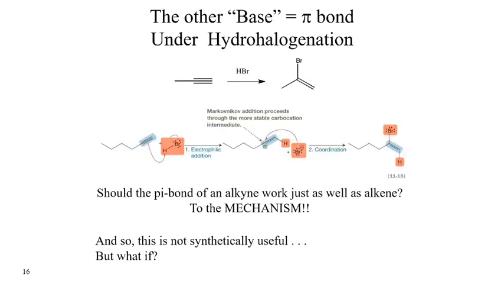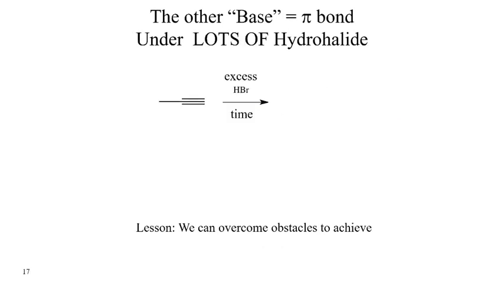So if we push through and did this, we would end up forming that crazy unstable carbocation. Markovnikov showed us this nicely, but then let's just say we could continue. It turns out we can overcome this. What we can do is just add a ton of HBr, so much so that the alkyne really has no choice but to interact.